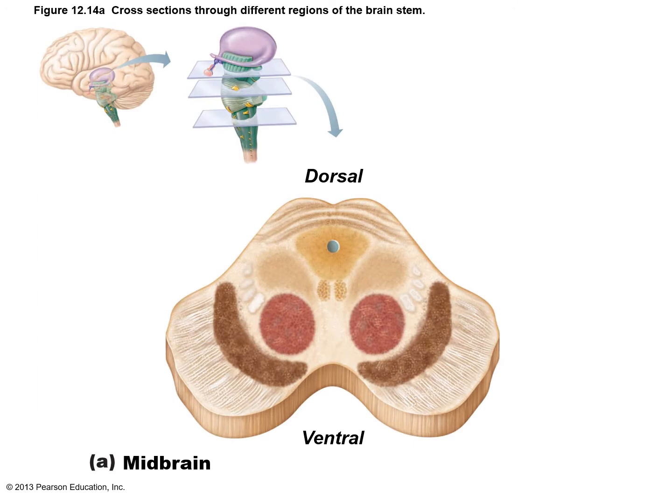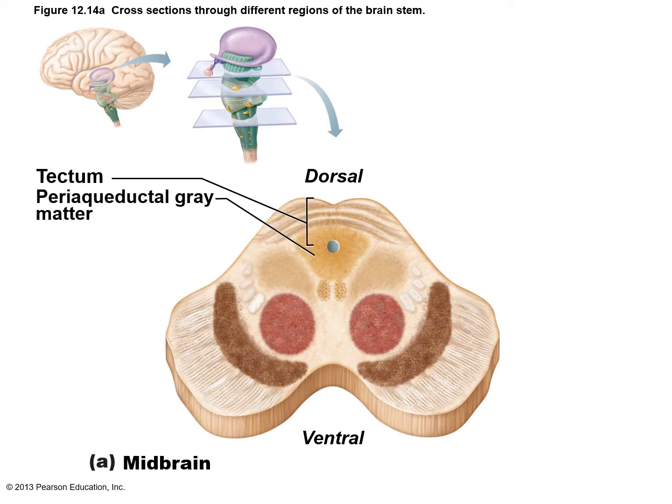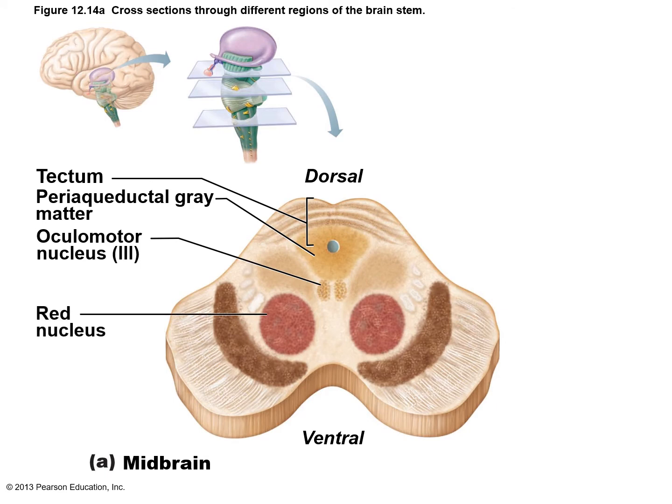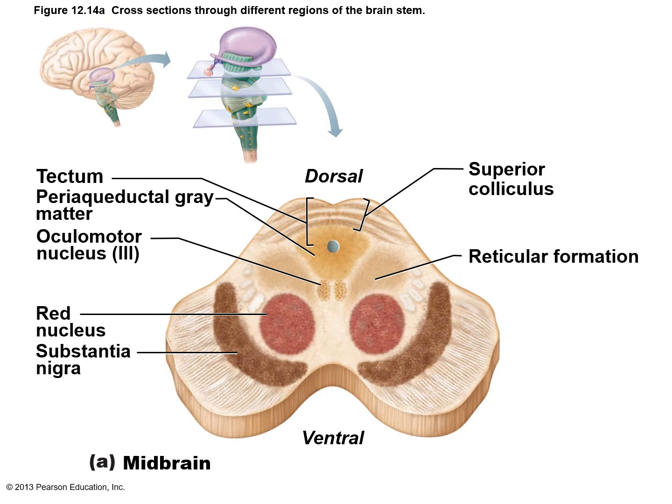So again, this is a cross-section through the midbrain, and we're going to take a look separately at the white and the gray matter. First of all, as part of the gray matter, we have the tectum, the periaqueductal gray matter, the nucleus for cranial nerve number 3, the red nucleus, the substantia nigra, the superior colliculus, and the reticular formation.